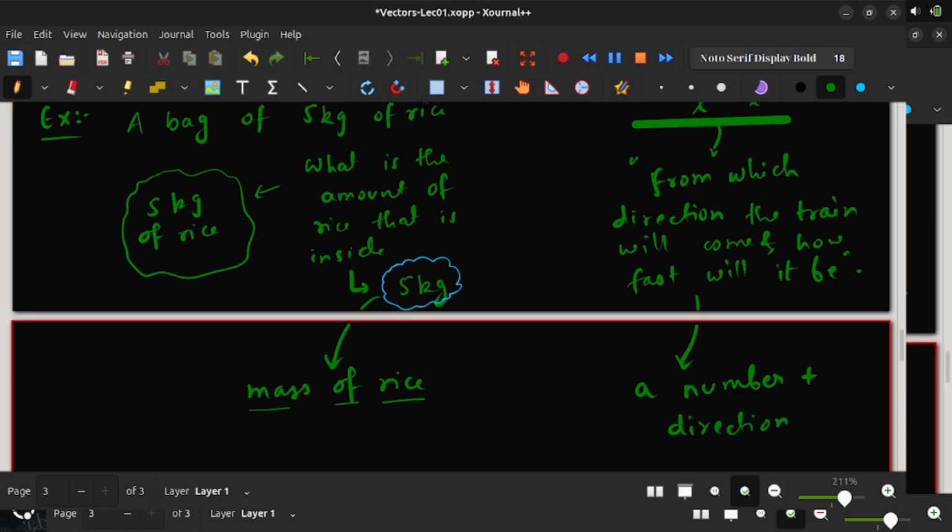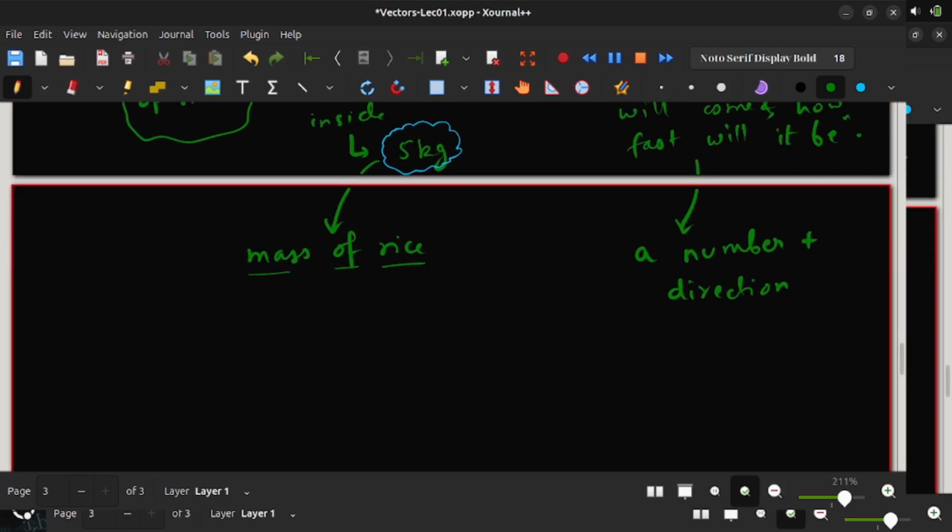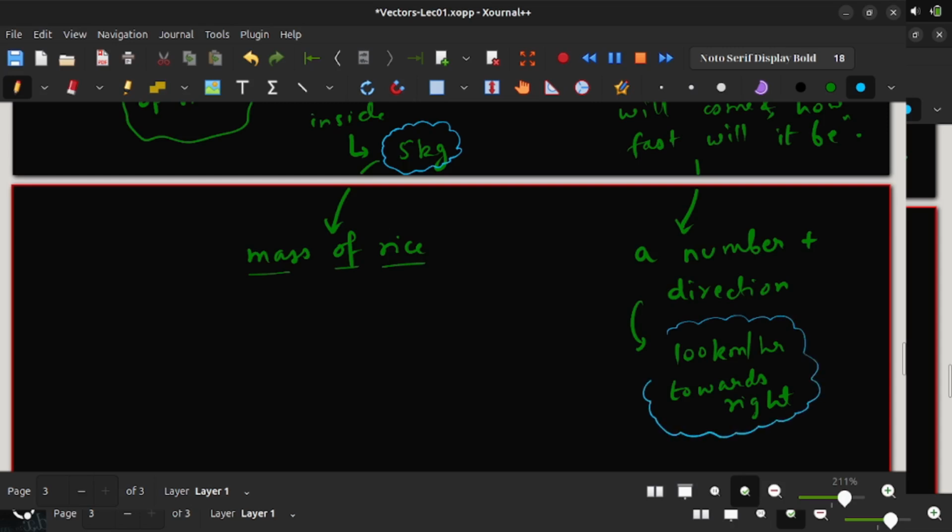So actually what you are asking is speed plus direction, and that is the velocity of the train. So if, let's say, I say that the train is coming at 100 kilometer per hour towards the right, then you have specified both of the things, the number as well as the direction.